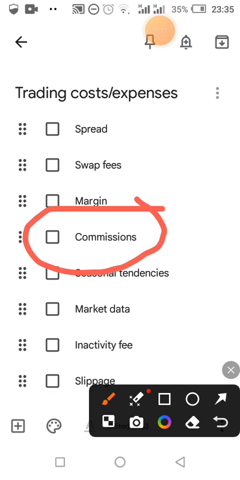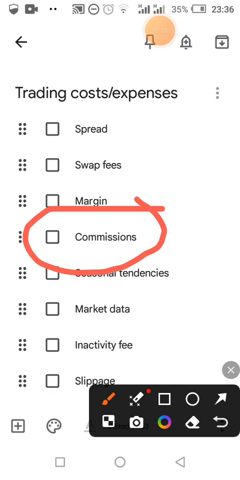Then STP booking or straight through processing is when your broker is not counterparty to you and not B booking you, but will be sending your trades to their liquidity provider, which may be a bank which provides liquidity to brokers, but not the actual interbank market, which is the bigger market where even banks can send their trades.